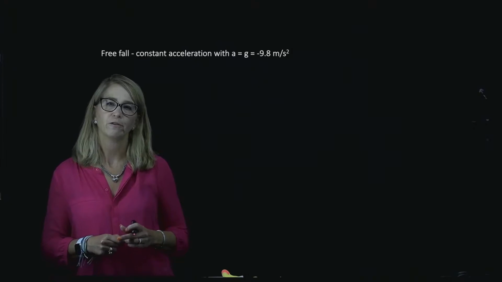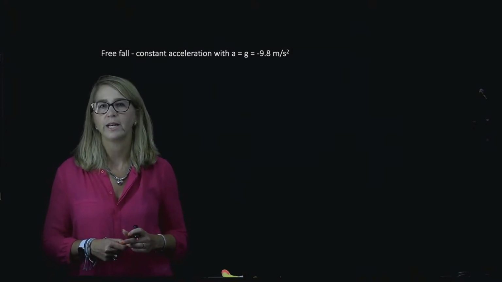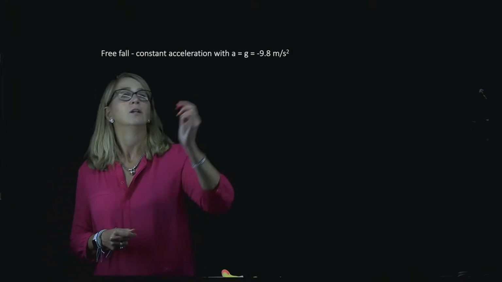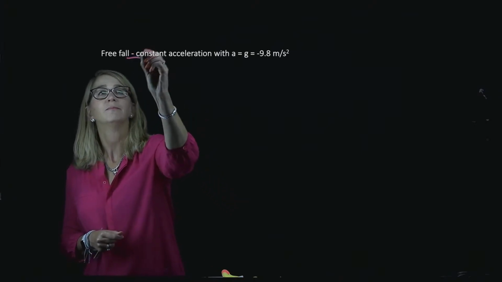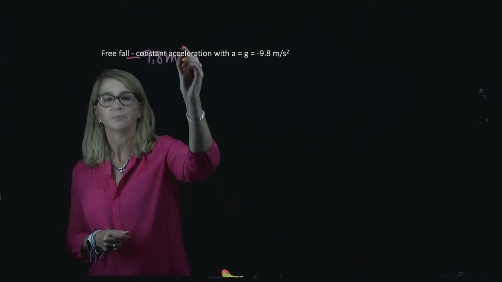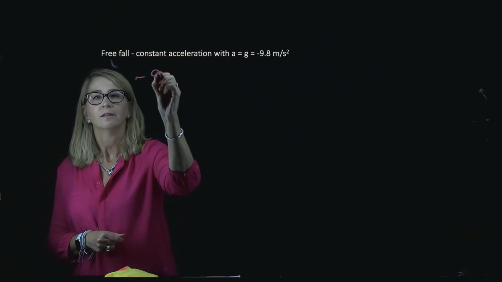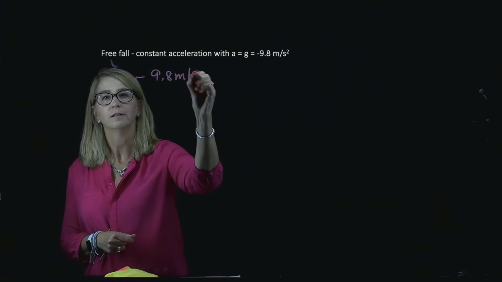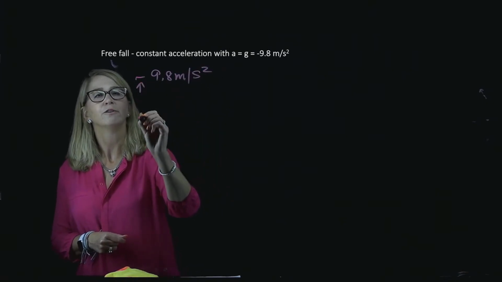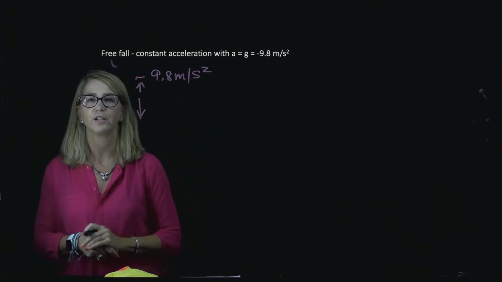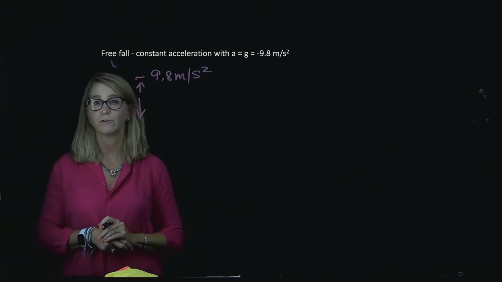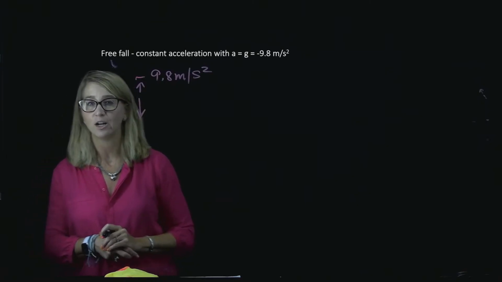We use the value of gravity as minus 9.8 meters per second squared, where the minus sign refers to the fact that the acceleration is directed towards the surface of the Earth. It's directed downward.